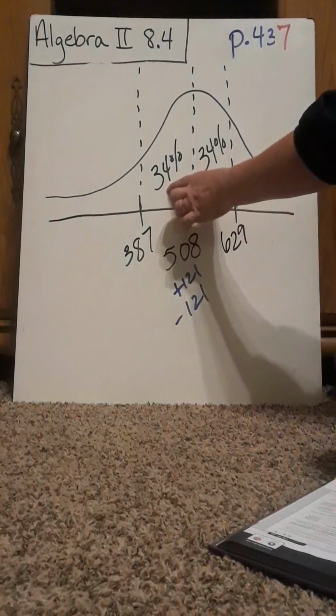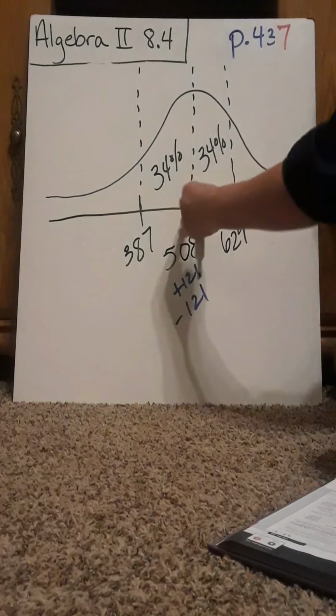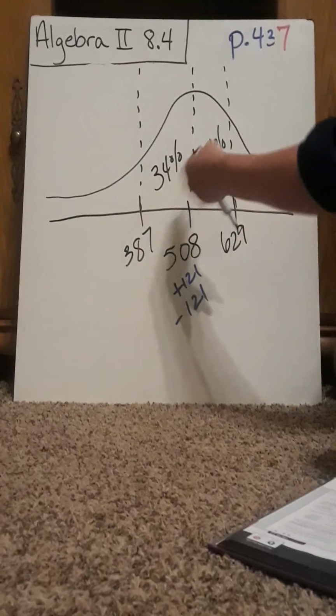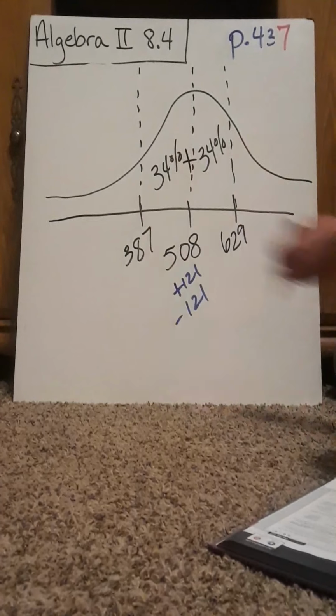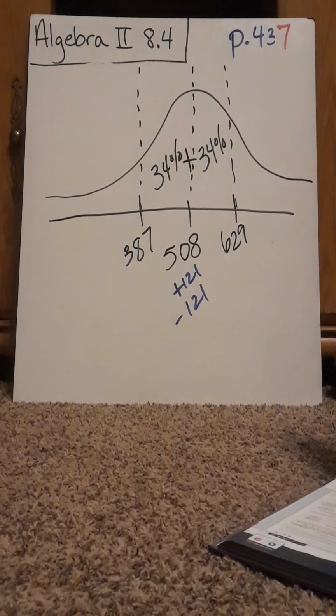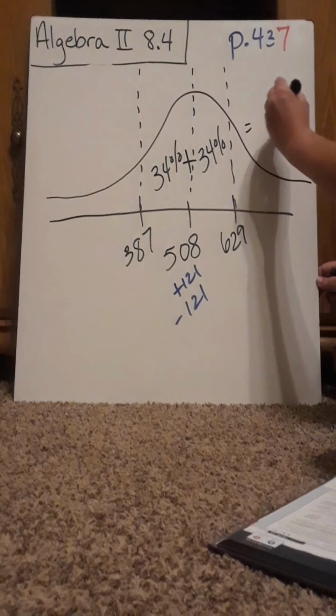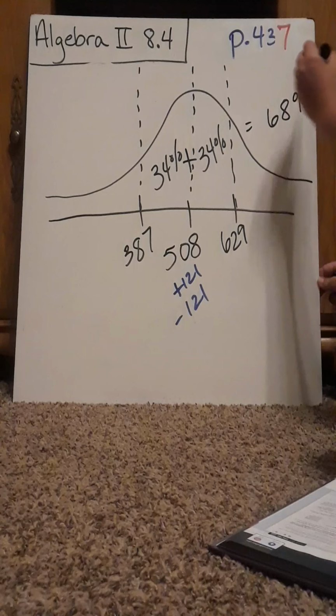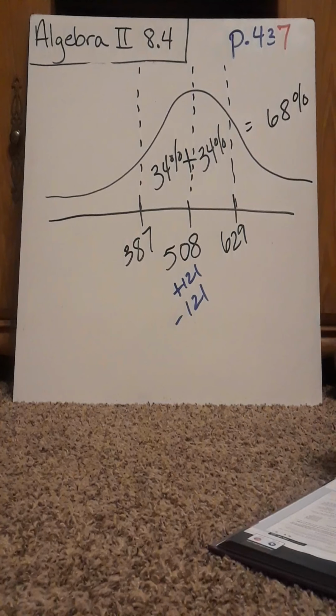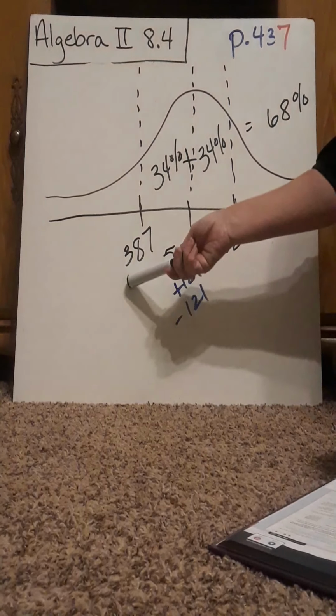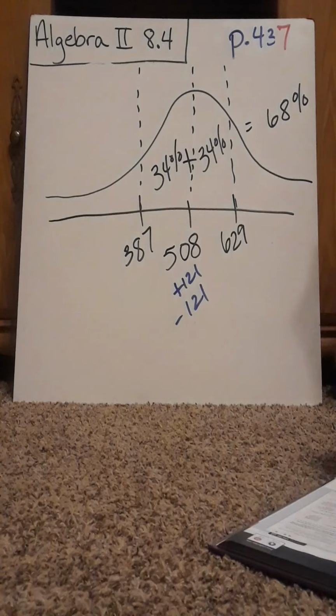So that's going to be 34% in one direction of your data, 34% in the other direction of your data. Add those percentages up and you're going to get 68%. So we would expect 68% of the students to score between 387 and 629 on that test.